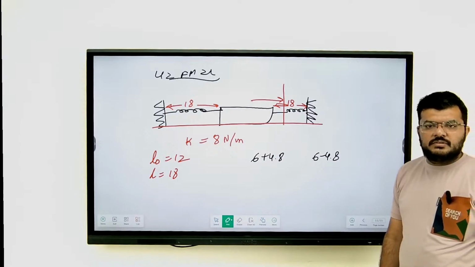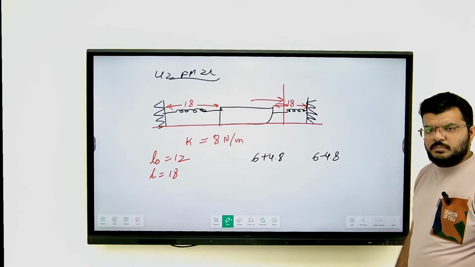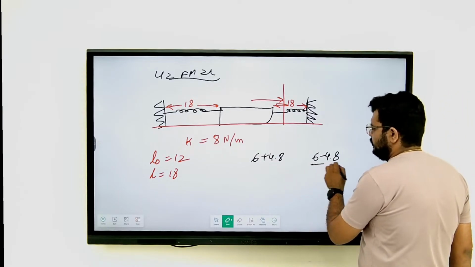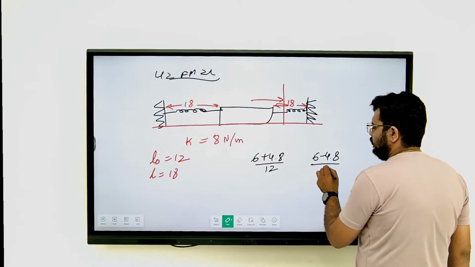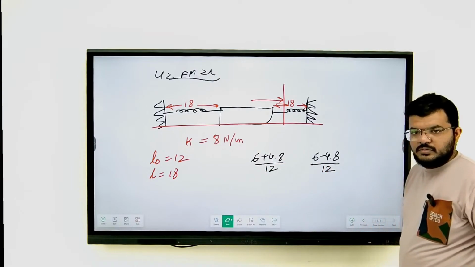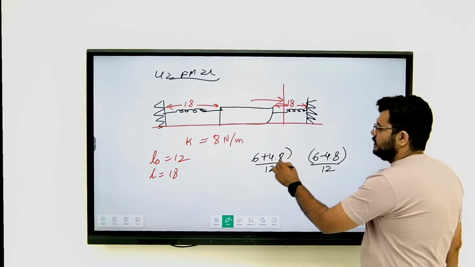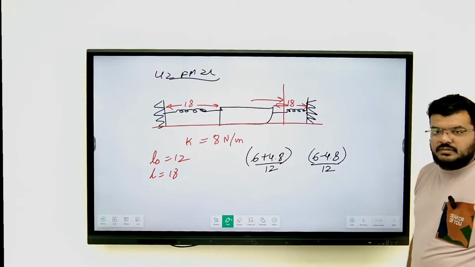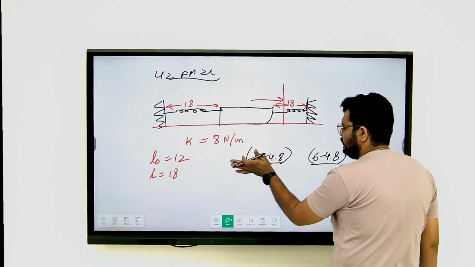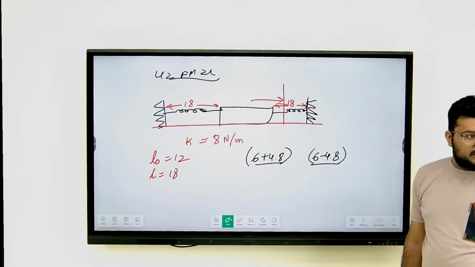Upon original length, what will this be? 12, and 10.8 into the answer. But what operation will come between these two? That is my question. How will you connect these two equations?